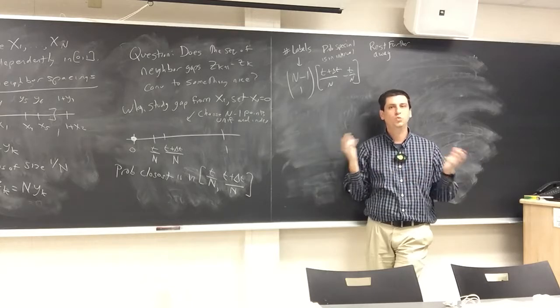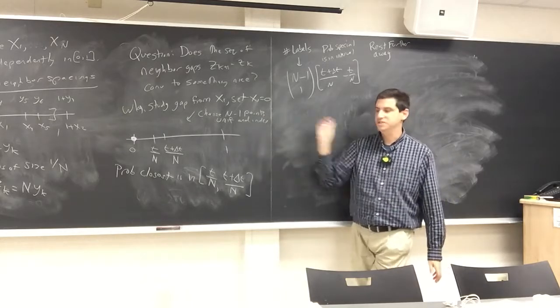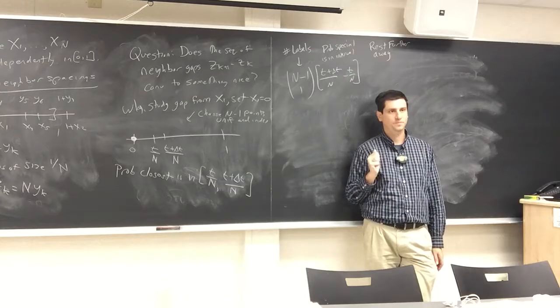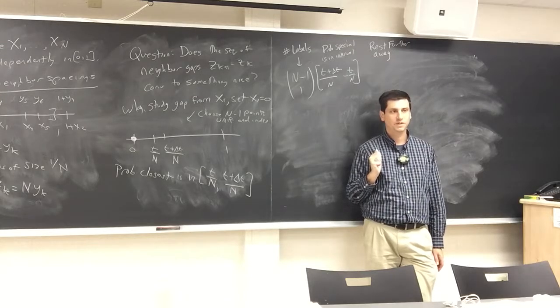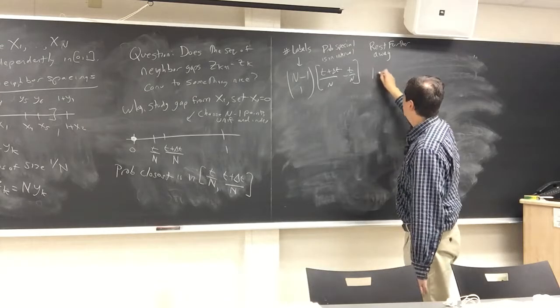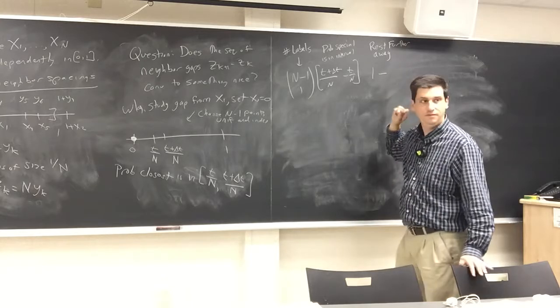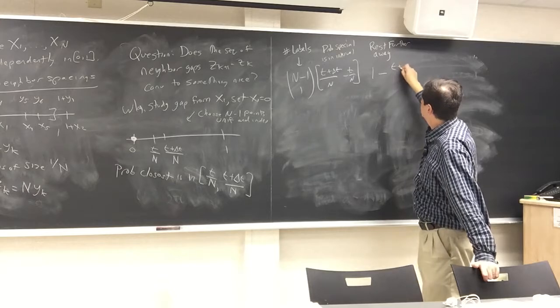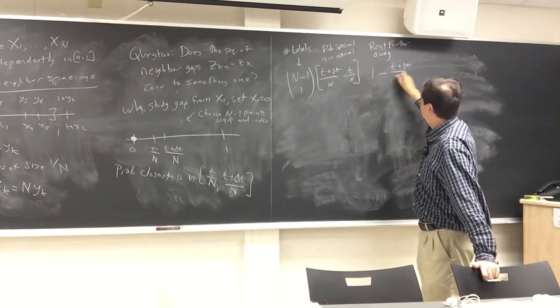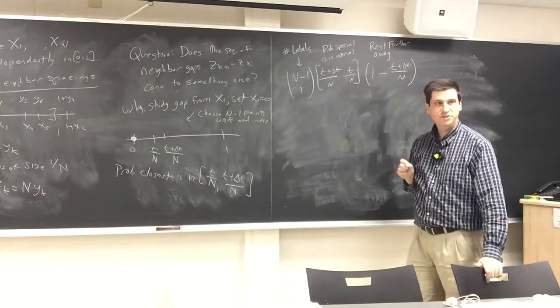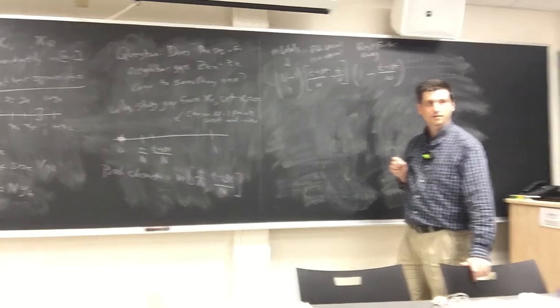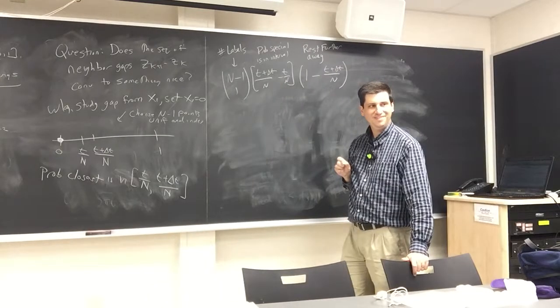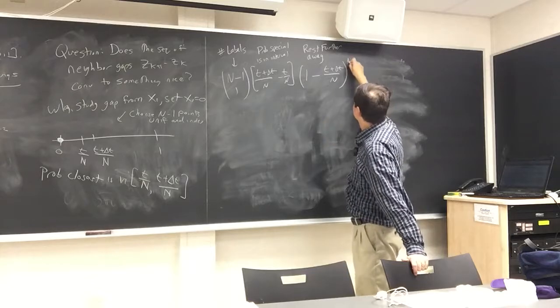And what's the probability that each one of them is at least t plus delta t over n away? 1 minus t plus delta t over n. And then how many of these do we have? You do that to the n minus 2.